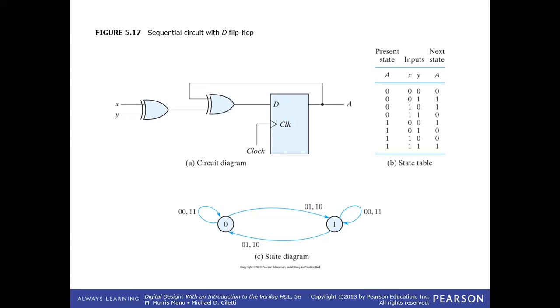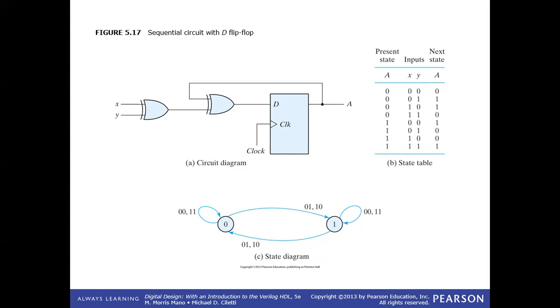So here you have a sequential circuit where we are using a D flip-flop. Please, anyone tell me, is this a positive edge clock triggered D flip-flop or a negative edge clock triggered? Sir, positive. Very good. So how would you say that it's positive and not negative? Yes, you're right. Very good.